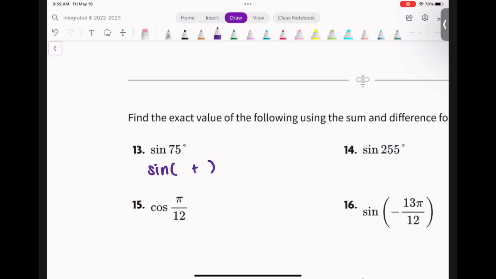Well, what would you add together? And so then you're calling on your 30, 60, 90 friend and your 45, 45, 90, right? Now I want you to think about this: how could I rewrite 75 so it's made up from 30, 60, 90, or 45, 45, 90?